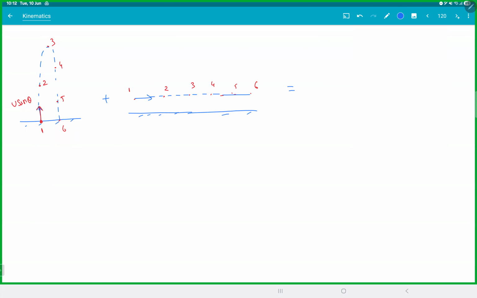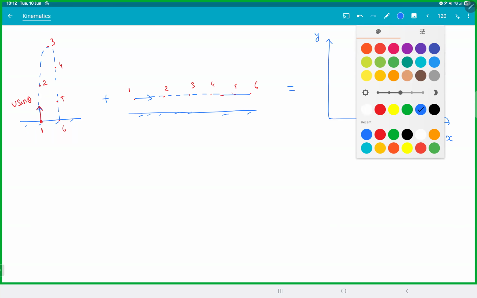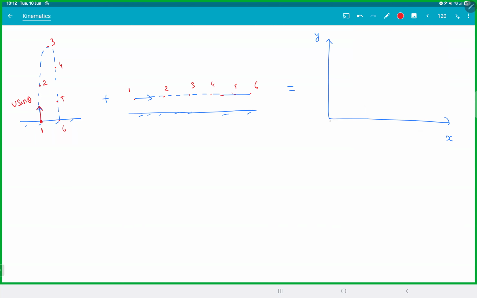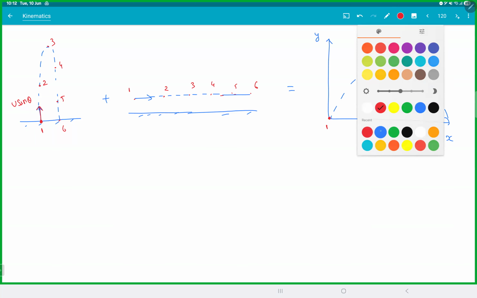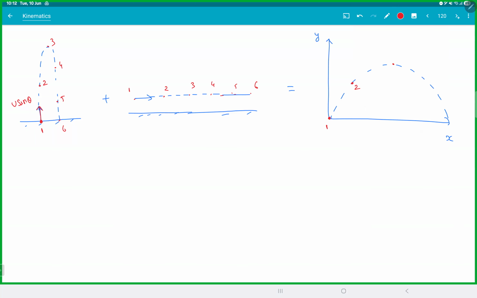And now if you try to plot them on a graph, the point 1 is here, origin and origin. So this will be the point 1. You will get a path like this. This will be point 2, point 3, point 4, point 5, and this will be point 6. There, I got a curve now.